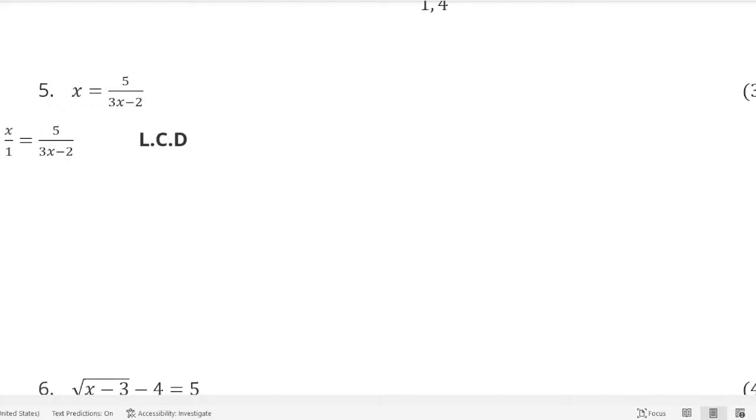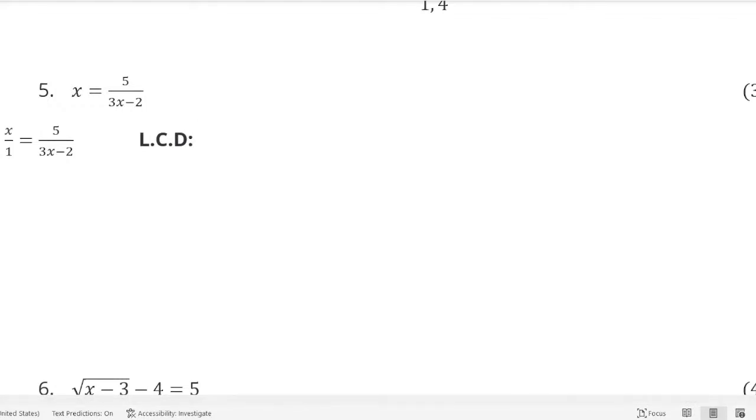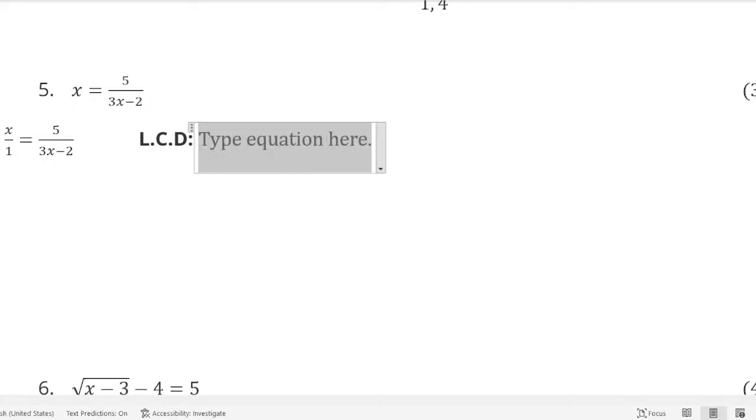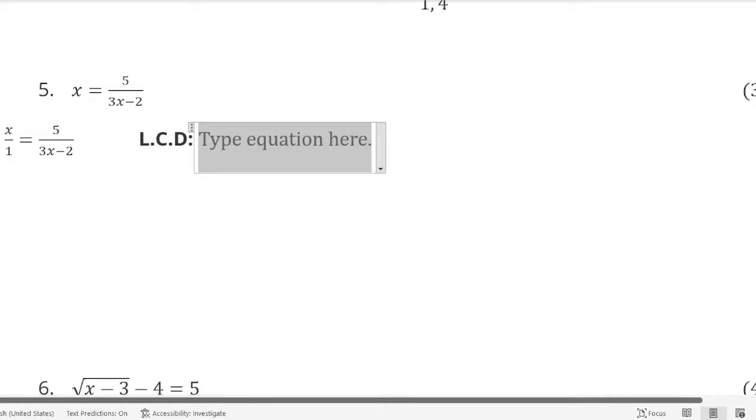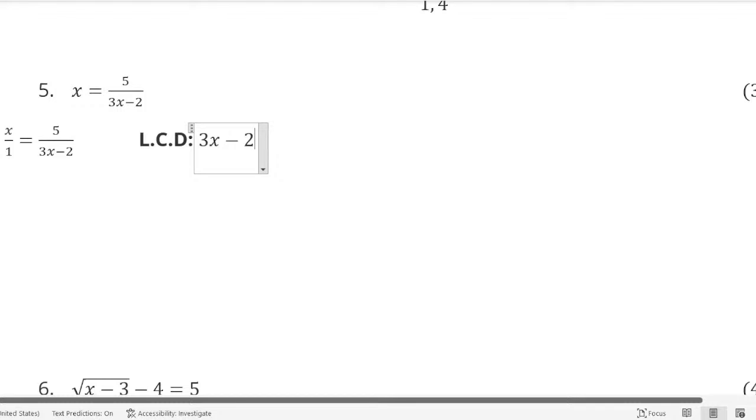In this case, our lowest common denominator is 3x minus 2. In other words, we are going to multiply each term by the lowest common denominator.